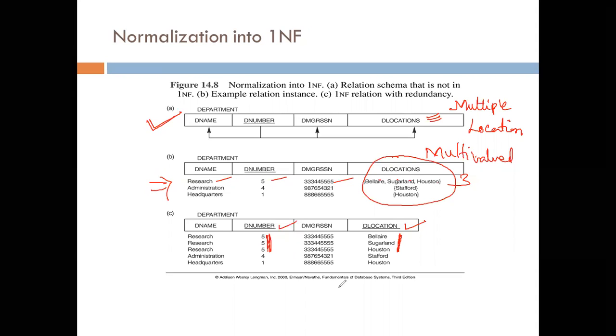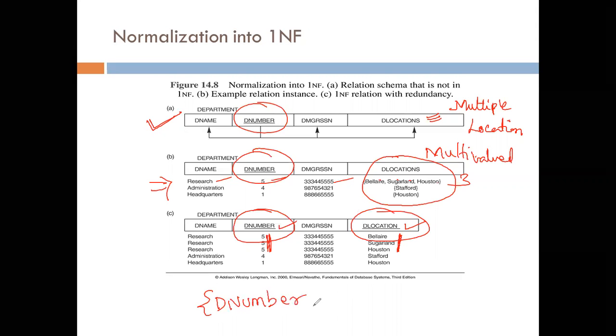But again, it is allowed. If you want to pass through the first normal form, this is what we can do. Same number of attributes, but now only one primary key, which is the combination of department number and department location. Because multi-valued is not allowed, this table is said to be in 1NF.